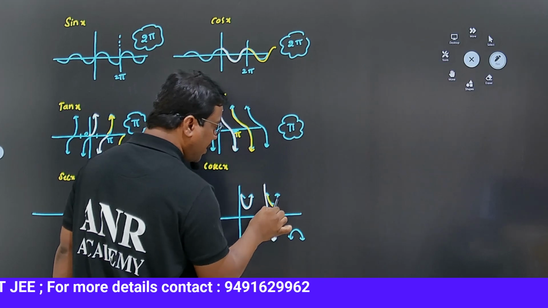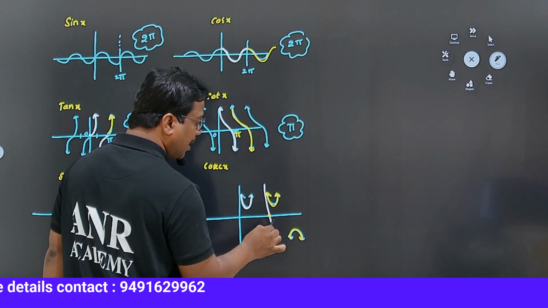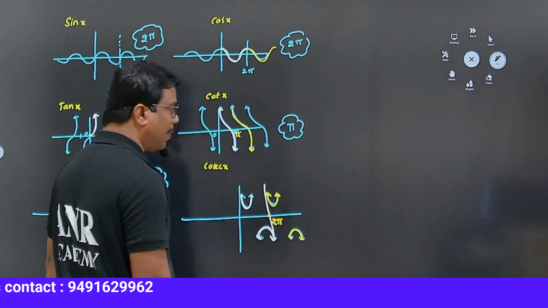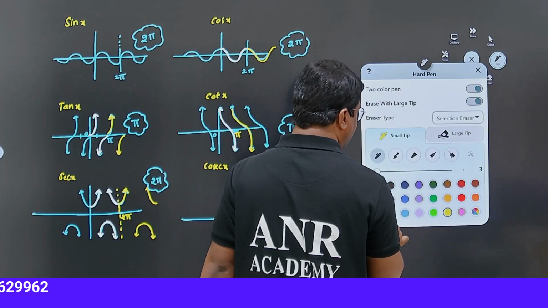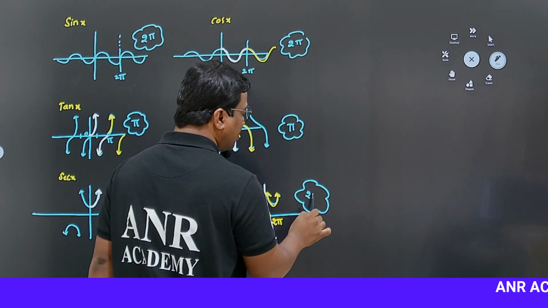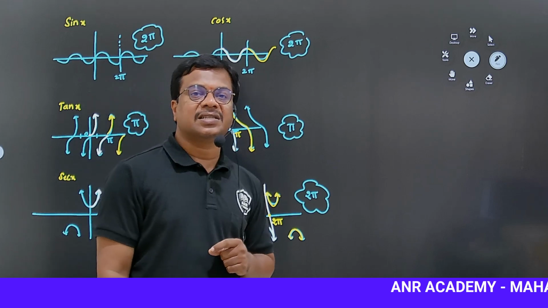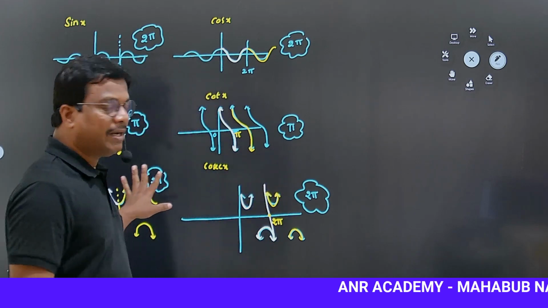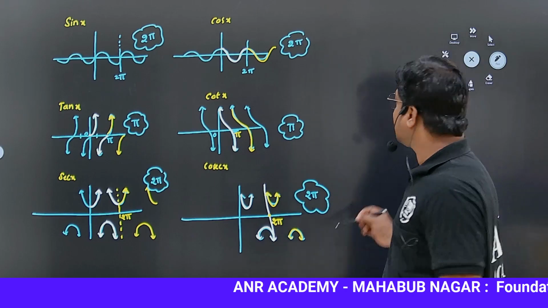The same graph repetition starts here at particularly x equal to 2 pi. Due to that reason, the period of the function is expressed as 2 pi. These 6 trigonometric functions are periodic, remember.